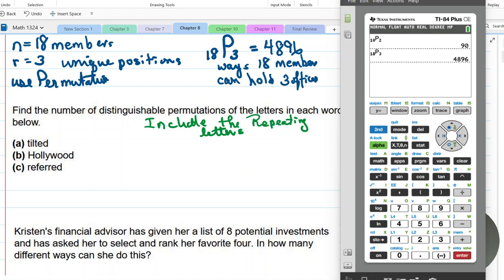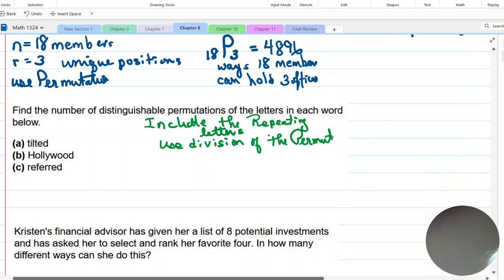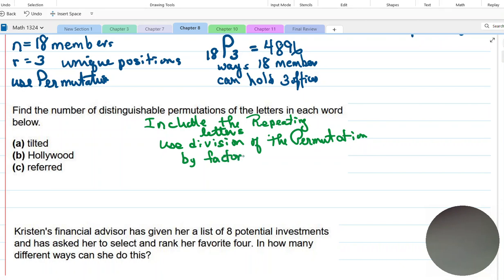So because of that, we're going to use division of the permutation by the factorial of the repetition.